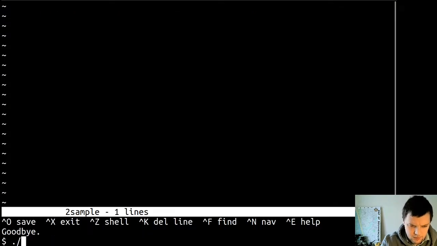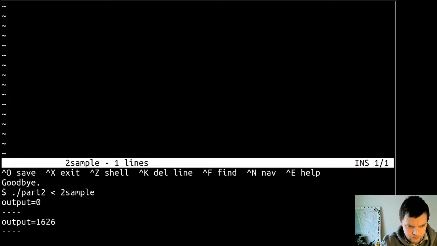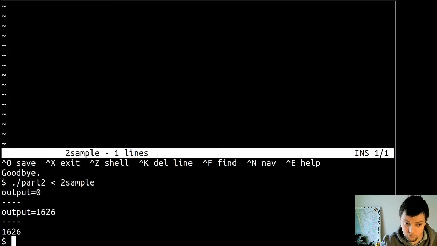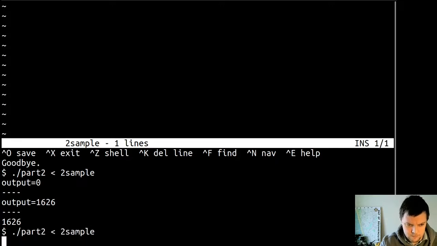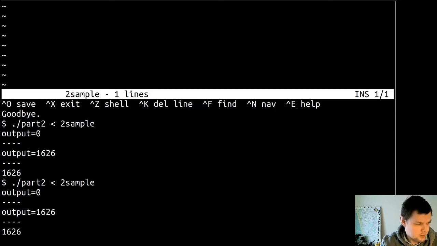Maybe we put some of the debugging prints back in. Interesting. Why is it working now? What was going on there?